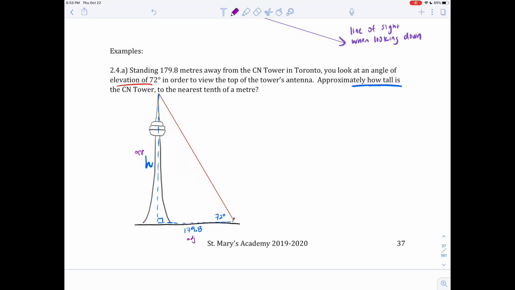Because that's opposite and adjacent, I'm going to use tan. The definition of tan is that tan theta is opposite over adjacent. Filling in what I know, tan of 72 degrees is H over 179.8. Let's just write that better.